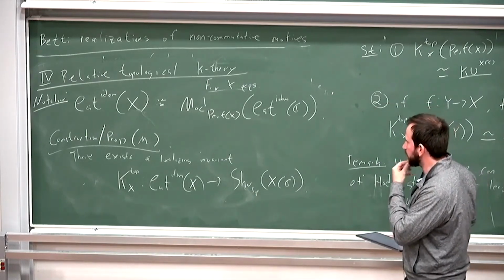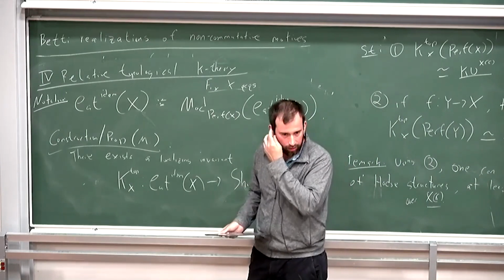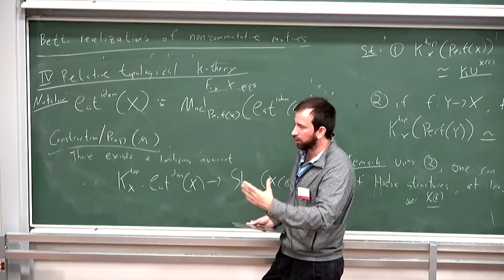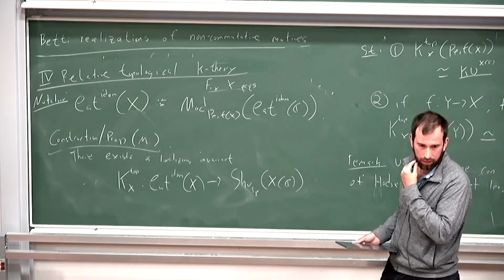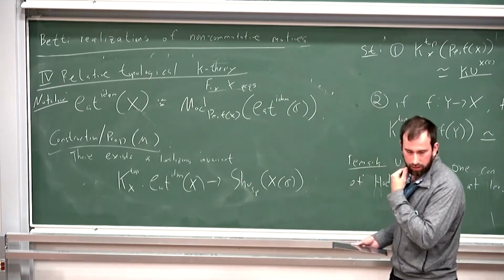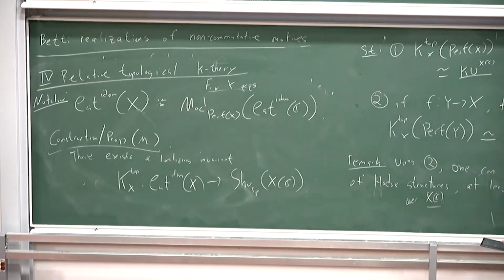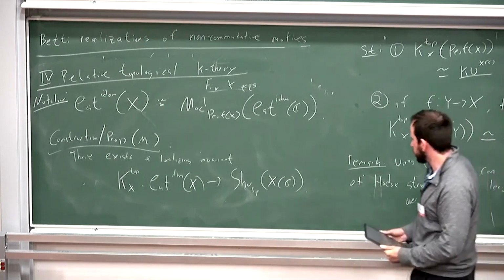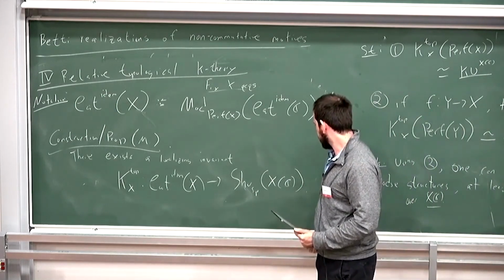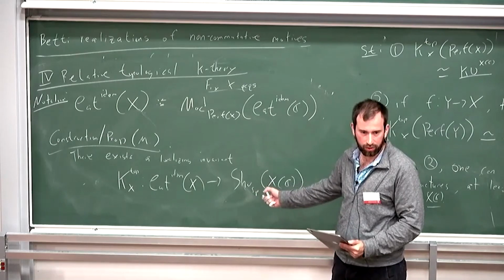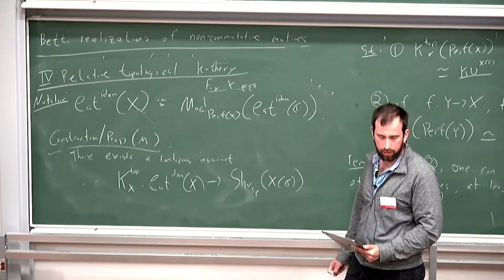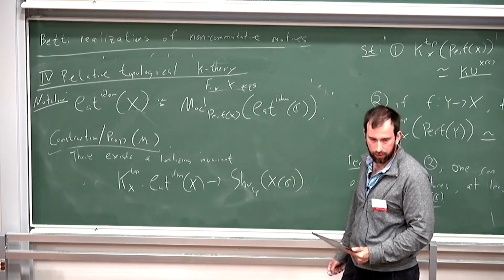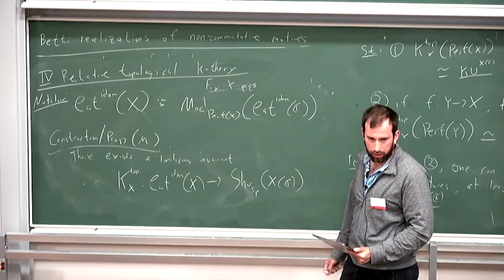Well, you can still take the complex points of X, and maybe you would want to look at finite type over X. No, I mean your analytic topology... you might have an infinite dimensional space.